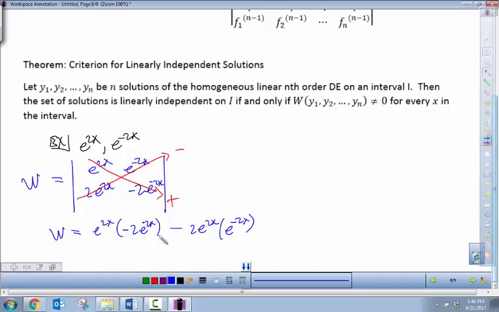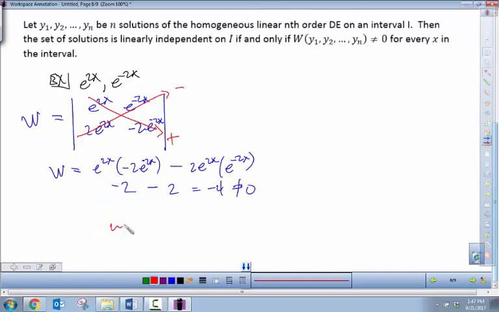Because one's on top, and it's a fraction. One's on top, one's in the bottom. So I have negative 2 times 1 minus 2, so this is negative 4. More importantly, this is not equal to 0. So that means these two functions are linearly independent. That's good, because that's what we concluded last time.